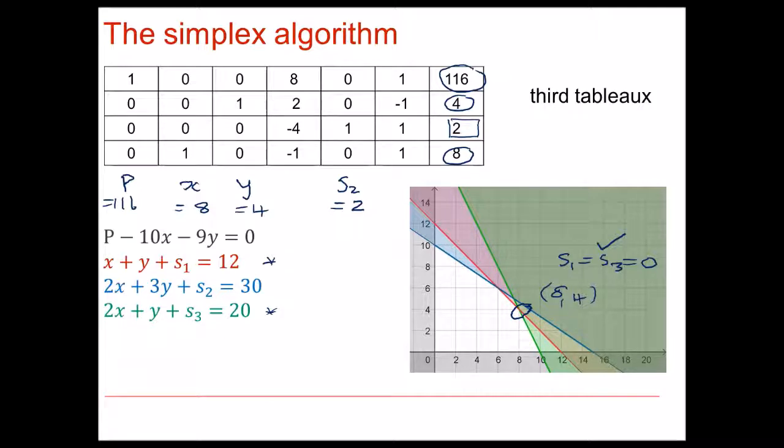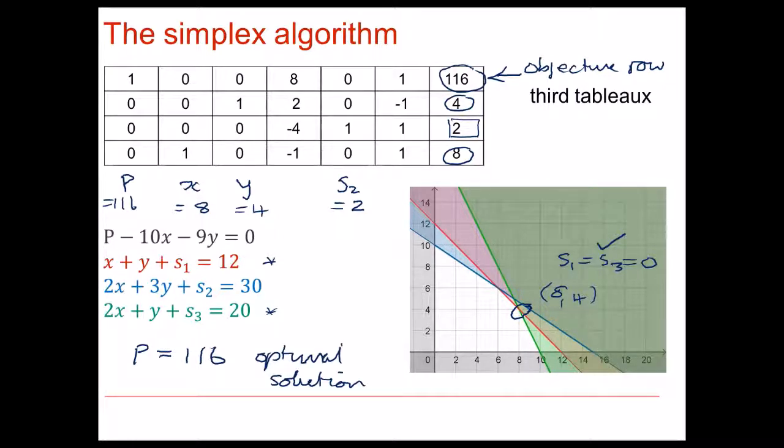So we can read all of that information from that tableau. It is important that you are able to interpret the tableaus at any stage within the simplex algorithm process. Remember that as there were no more negative cells in that top objective function row, step 5 of the algorithm now tells us we have found the optimum solution, and this will then be that P value.